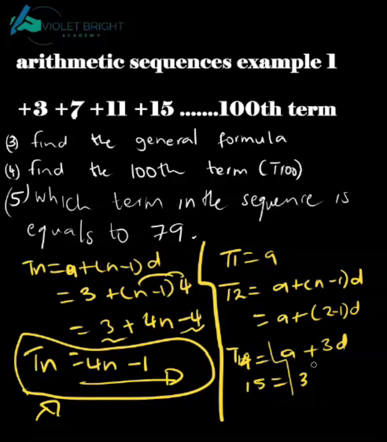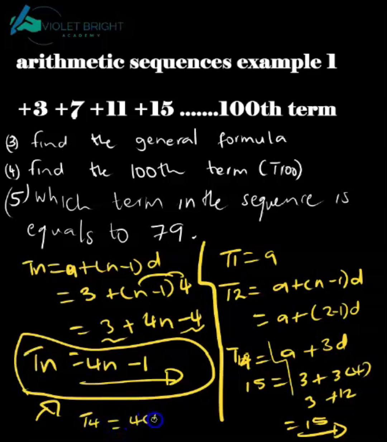So it's 3 plus 3 into 4. So it's gonna be 12 plus 3. So most definitely it just takes us to the very same answer. Even if we use this one, T4 equals 4 into 4 minus 1. So here it's gonna be 16, subtract 1, it's gonna be 15.